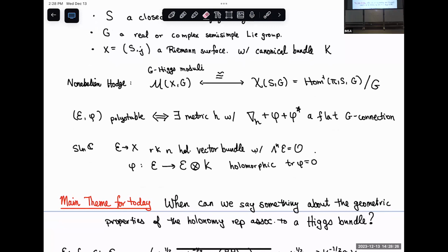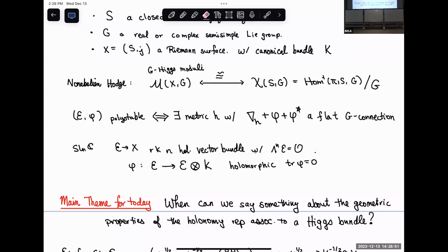So it's very hard, in general, to say something concrete about certain properties of the representation from the Higgs bundle. We heard from Anna yesterday that there were these special classes of representations where the individual points, the representations, were of particular interest. So when can we probe some of that information with the Higgs bundle?